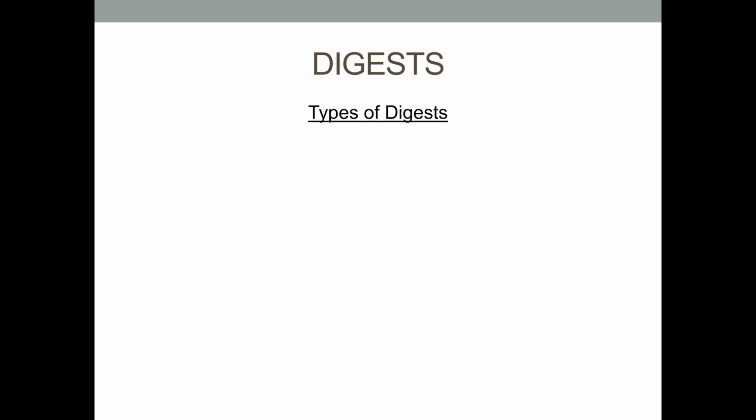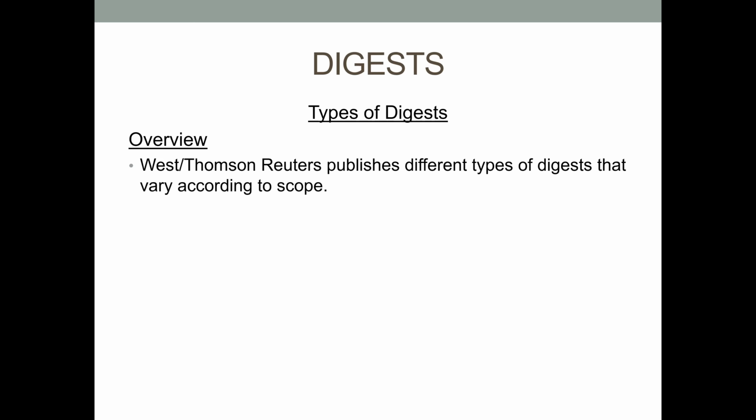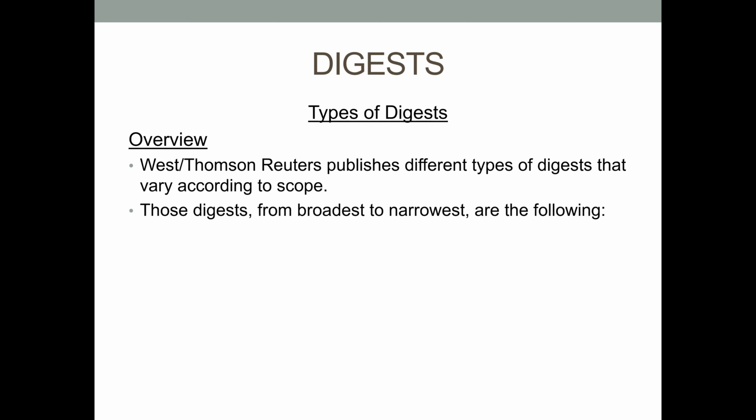Now, these digests that we've been talking about and that we've been looking at in particular, this one has been a Texas digest. And that means it is relating to Texas law. But West and Thomson Reuters publish a lot of different types of digests that differ according to scope.